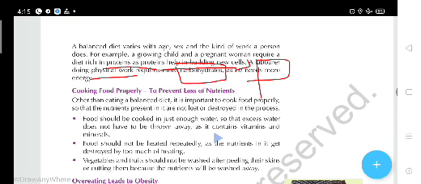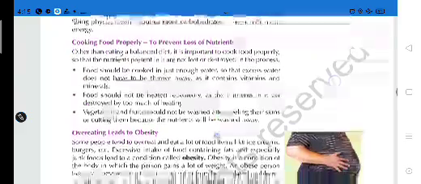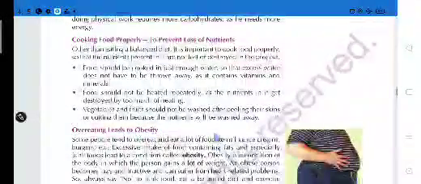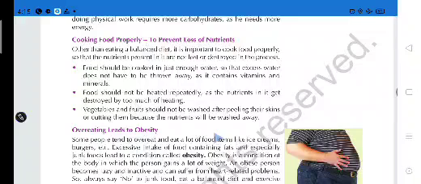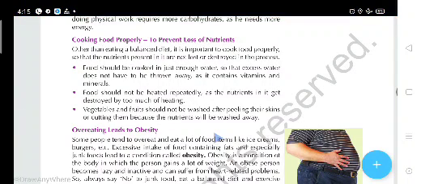So, cooking food properly. Some measures are there which we use while cooking the food, to prevent the loss of nutrition. These are some points which we have to keep in our mind while we are cooking.